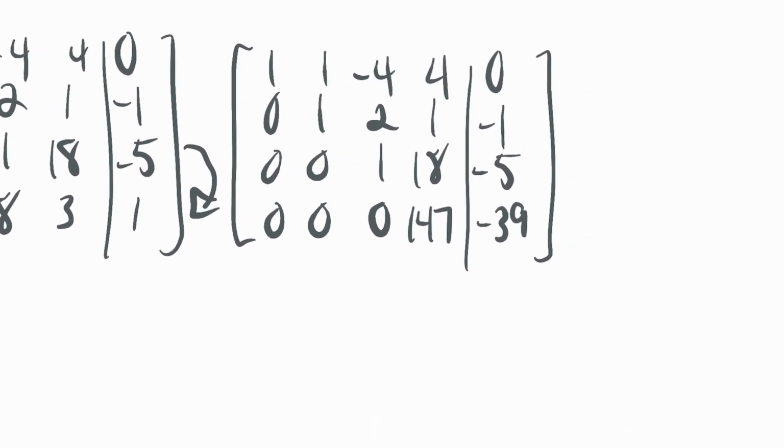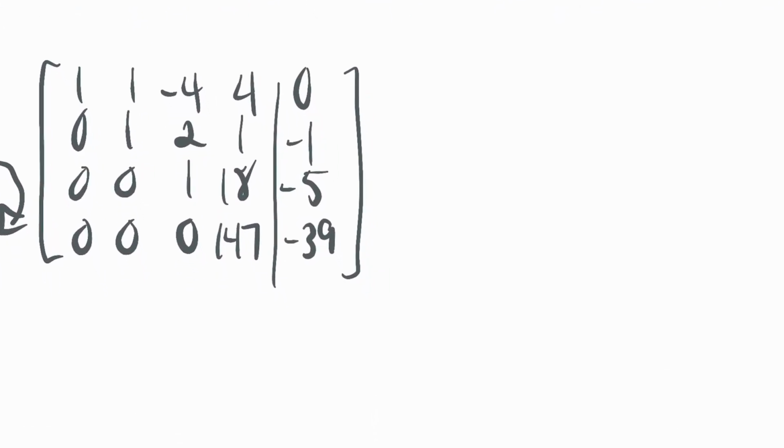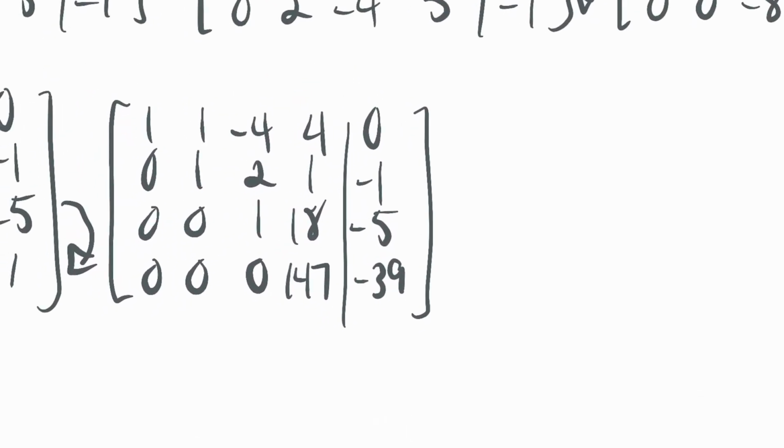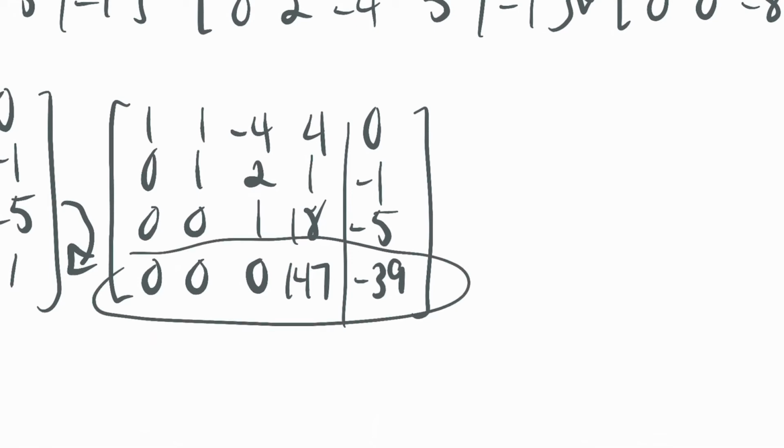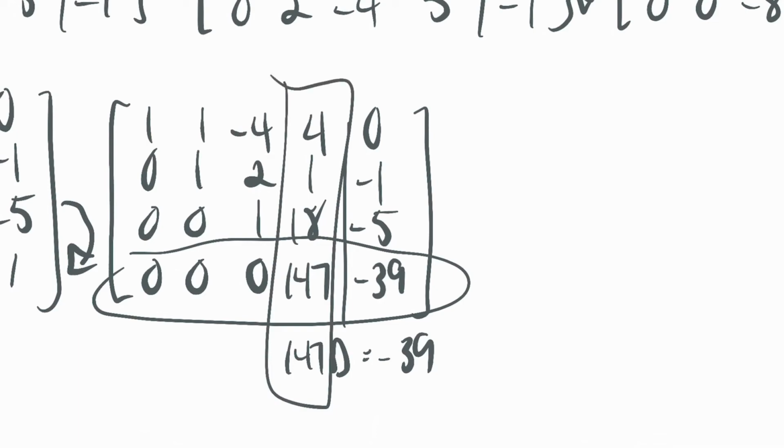We are getting almost done, because this last row we could rewrite as the equation 147d equals -39. Remember, these coefficients gave you the coefficients for d in each equation. Let's backtrack and check that.